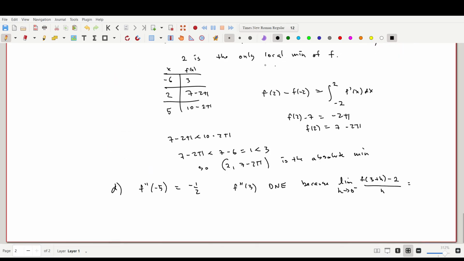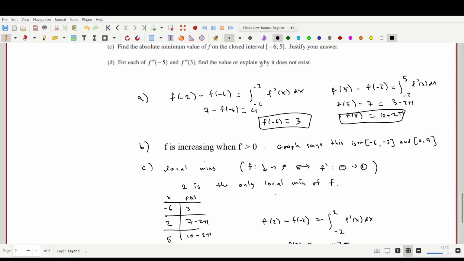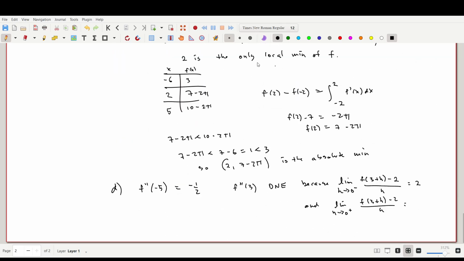Now, how do you know that? It's a little unclear, but you might need to make a piecewise function for f, to be perfectly rigorous. And the limit as h goes to 0 from above of f of 3 plus h minus f of 3 over h is not 2. It's negative, at least. It's -1. So the limit as h goes to 0 of f of 3 plus h minus f of 3 over h does not exist. Notice you don't just get to say it's a corner. That's what you want to say, but you don't get to say that.